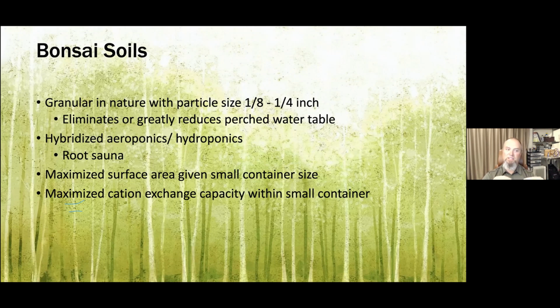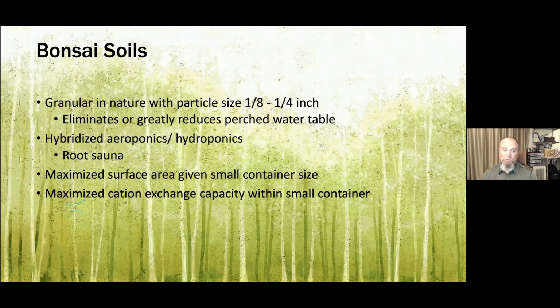So it's to our benefit to maximize everything we can in that container so that our care and maintenance is much easier. I guess using that same example, if you were to try and grow bonsai in glass marbles, you'd have to water every 5 minutes. If you can take that on, go for it. But it's better to set up a situation that we can maintain that the tree is also happy in.